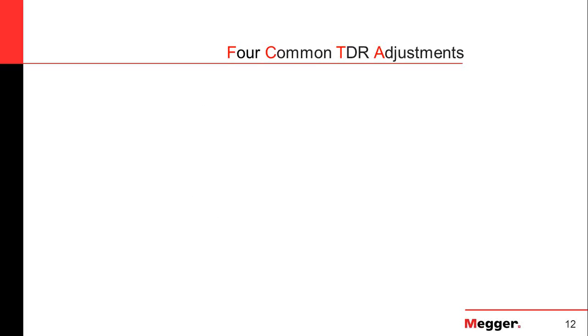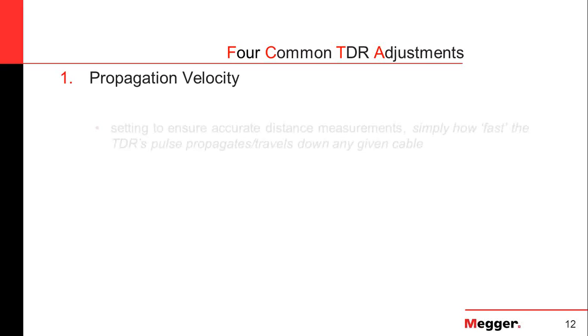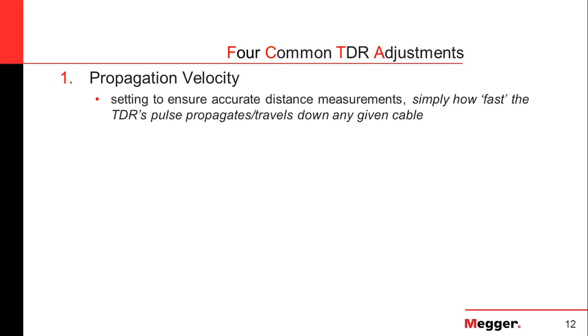Now, there's 4 common TDR adjustments if you're doing manual adjustments on a TDR. Number 1 is the propagation velocity. This is a setting. It's really not an adjustment. It's a setting that you set to ensure accurate measurements. The propagation velocity is simply how fast the TDR pulse travels or propagates down any given cable.